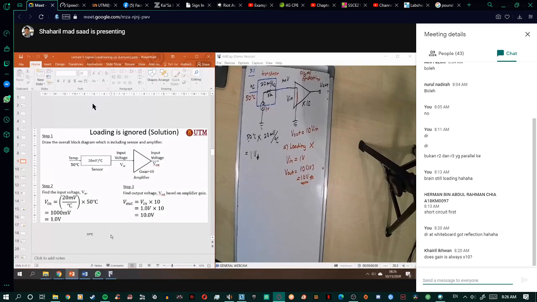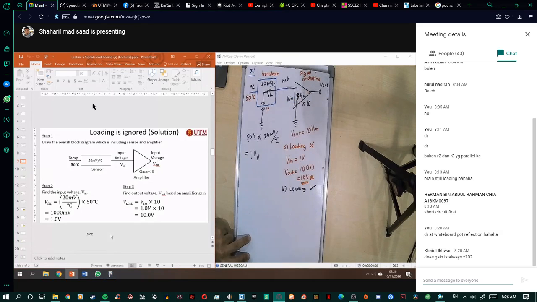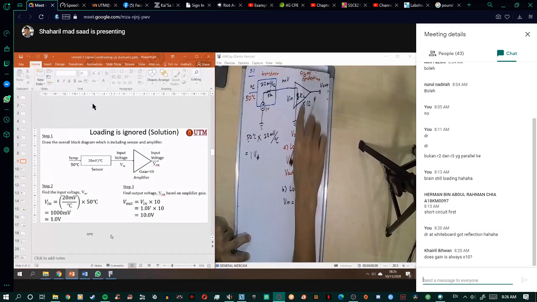And when you include the loading, that means you will have a resistor here, the loading RL. Now we get V in equals RL divided by (RS plus RL) times Vx. RL now is 10K.